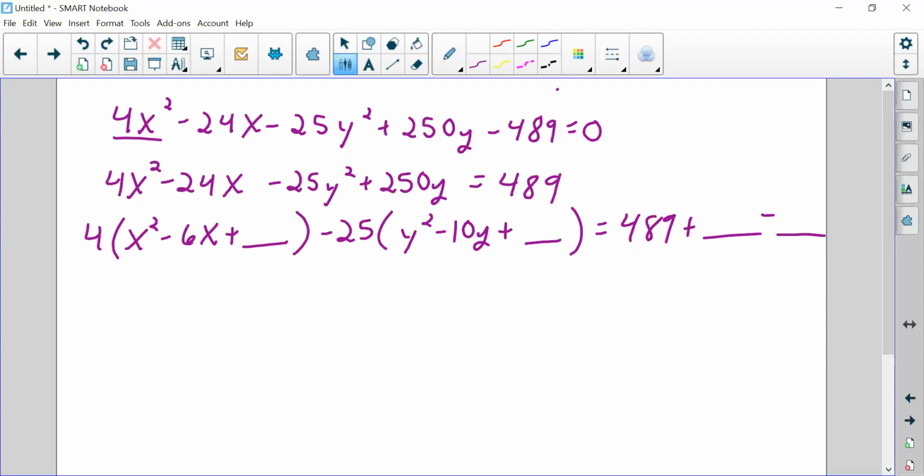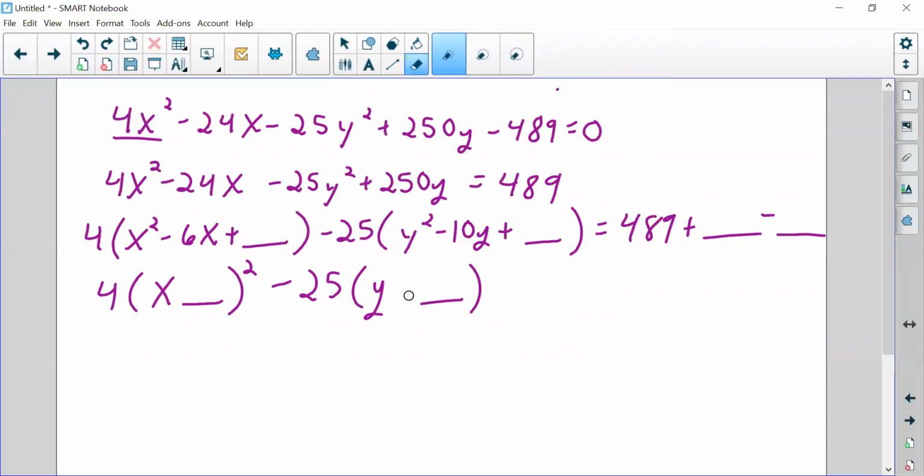So my second blank needs to be a subtraction. And then I'm going to do something squared and something squared. Find out what the signs are. And then equal to our number.